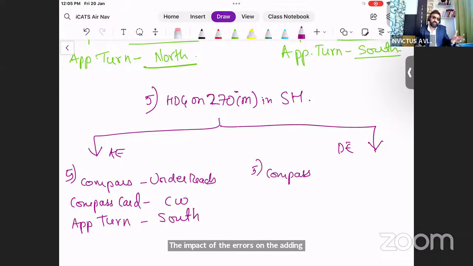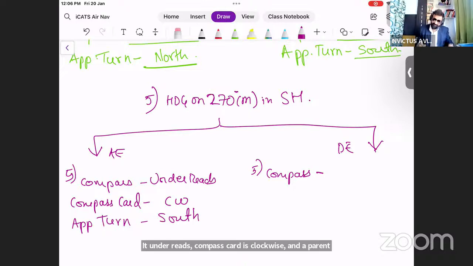So let's see if there is any difference or not. Compass on a westerly heading 270 in the southern hemisphere. For an acceleration error, it underreads. Compass card is clockwise and apparent turn is towards the south.